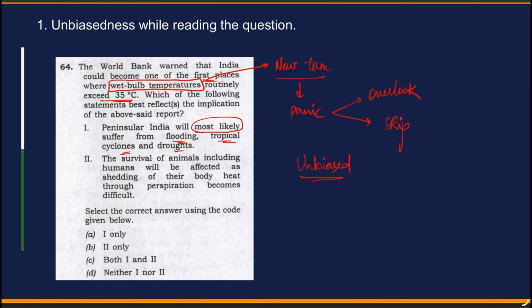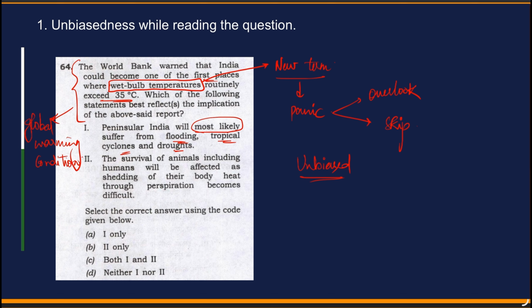After reading the statement, what we can sense is that the question is saying the temperature exceeds 35 degrees Celsius. From this, even if one is unable to understand what wet bulb temperature is, we can make sense that there are some sort of global warming conditions.